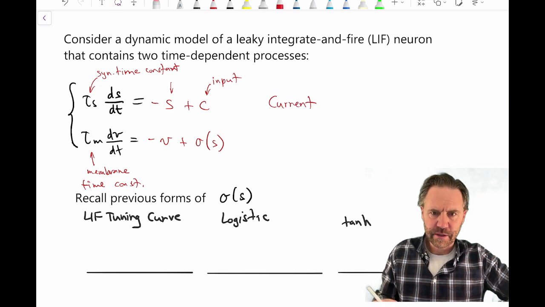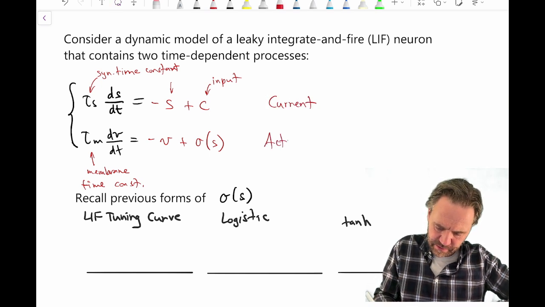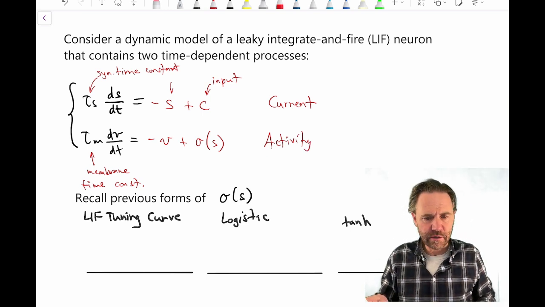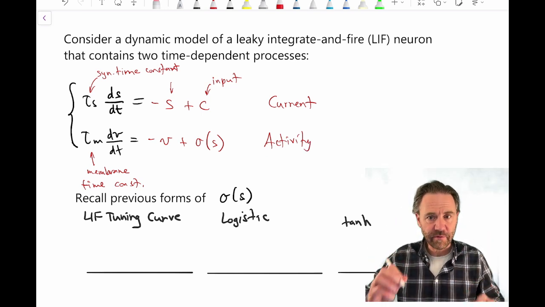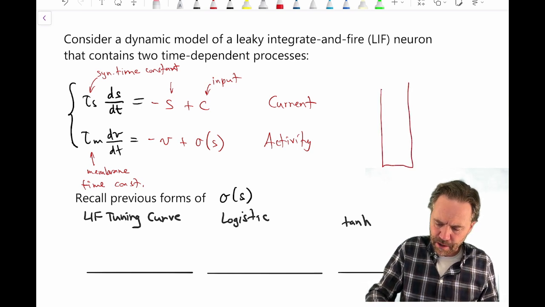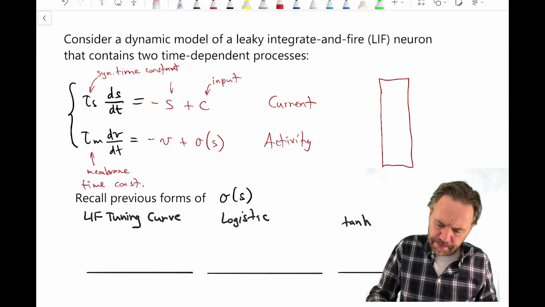So this is the activity of the neuron. We've got a differential equation for the input current and a differential equation for the actual activity of the neuron. So what we end up with is a population of neurons where the activity is V1 and the input current is S1.